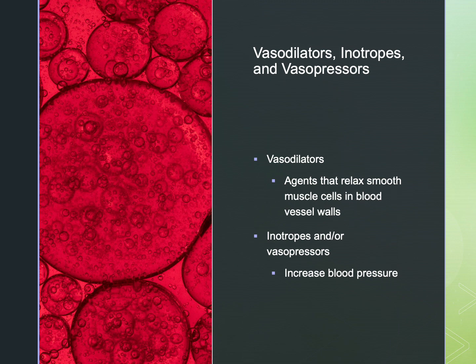Dopamine and epinephrine are both inotropics, and they increase the force of the cardiac muscle contraction, and they are also vasopressors, which stimulates vasoconstriction.